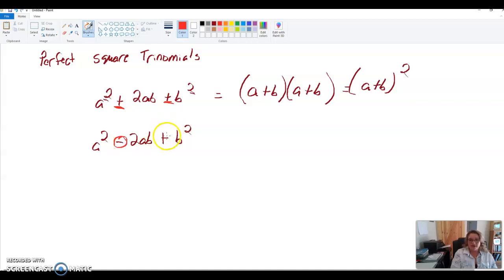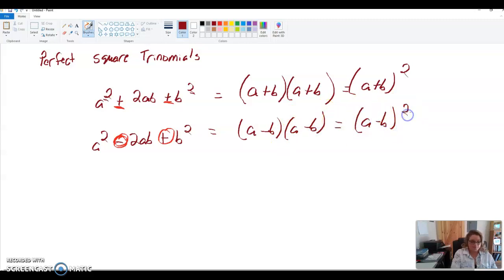The only way you can get a positive sign here and a minus sign in this spot is if you're multiplying two negatives together and then combining them. So this will come out to be another perfect square, which gives us a minus b times a minus b, which gives us our a minus b squared. Okay? So you always want to look and see, do you have a perfect square?